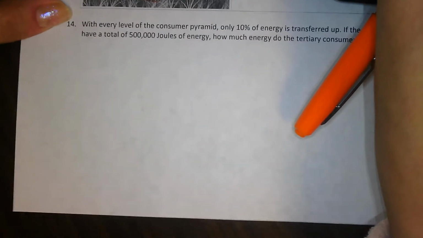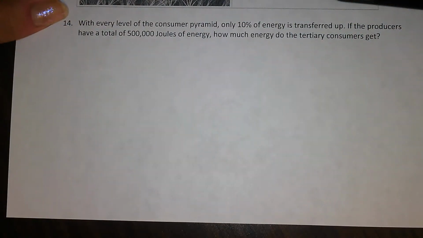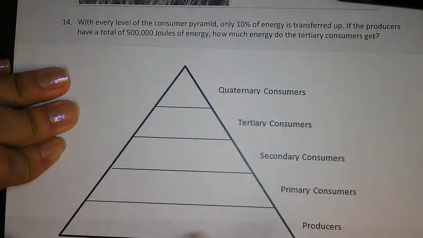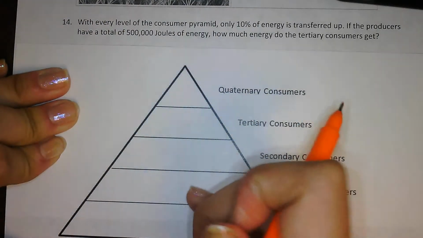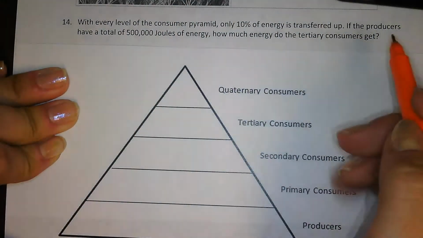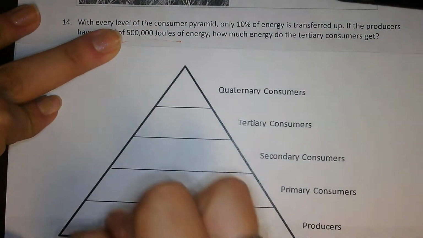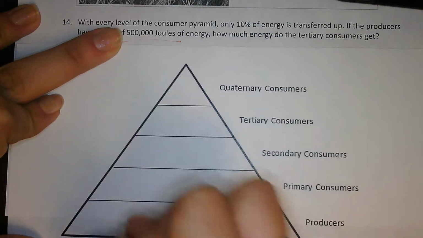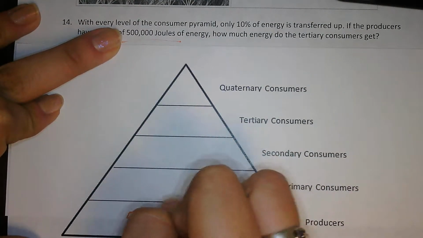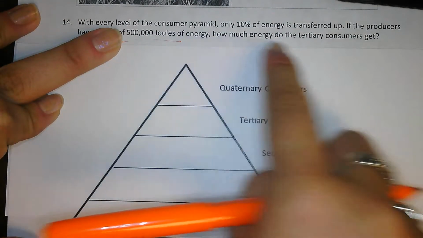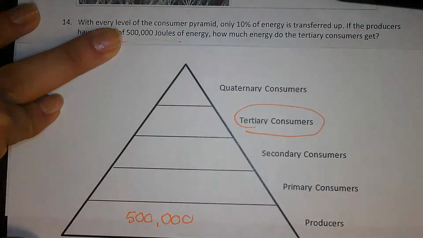All right, number 14, we have a little bit of math coming up. It's pretty easy math. With every level of this pyramid, only 10% of energy is transferred up. So in this problem, if the producers have a total of 500,000 joules, which is a unit of energy, so we start with 500,000 joules of energy down here, only 10% is transferred up. How much energy do the tertiary consumers have?